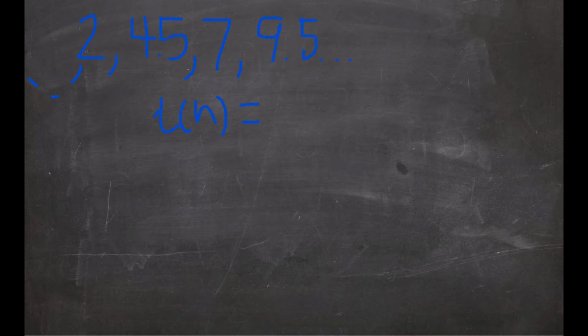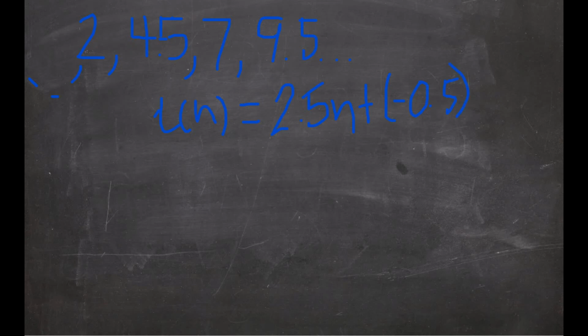We know that our sequence generator is 2.5, so we have 2.5 times n plus our 0th term. Because if we use our first term, then when we plug in a value for n, it will be off by 1. So we have to think, what number would we have added 2.5 to get 2? Working backwards, that would give us negative 0.5.